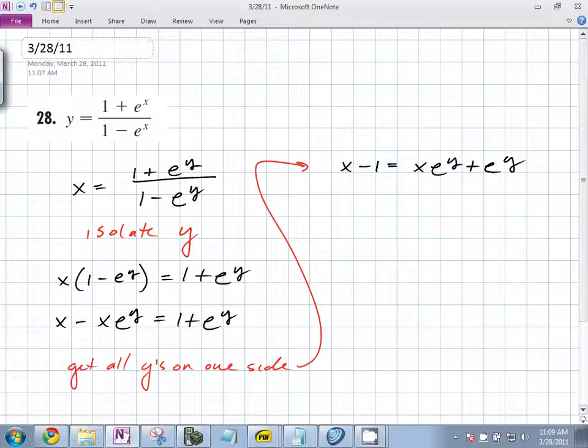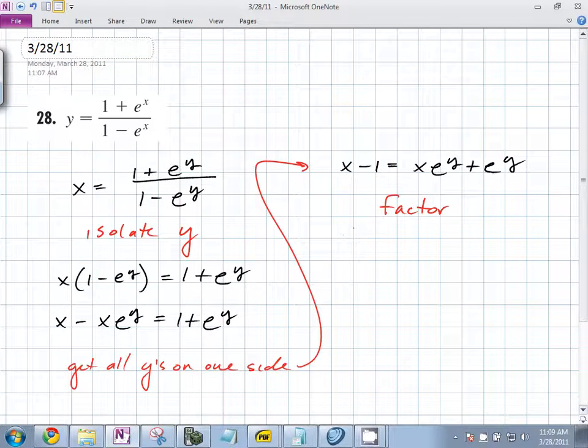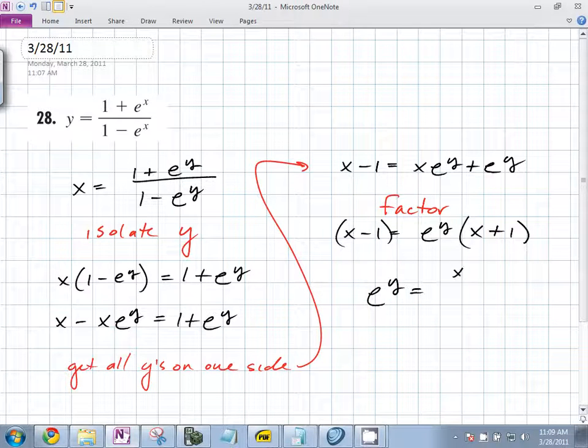What's my favorite thing in all of math? You guys know what my favorite thing in all of math is. Let's factor. We're factoring out what? E to the y. Yeah, factor out e to the y. So we have x minus 1 is equal to e to the y times (x plus 1). So e to the y is equal to (x minus 1) over (x plus 1).